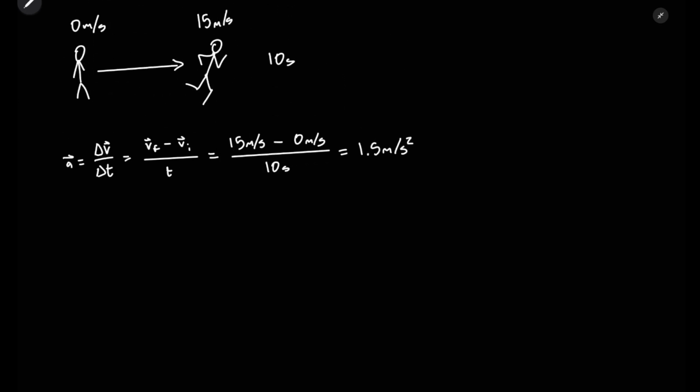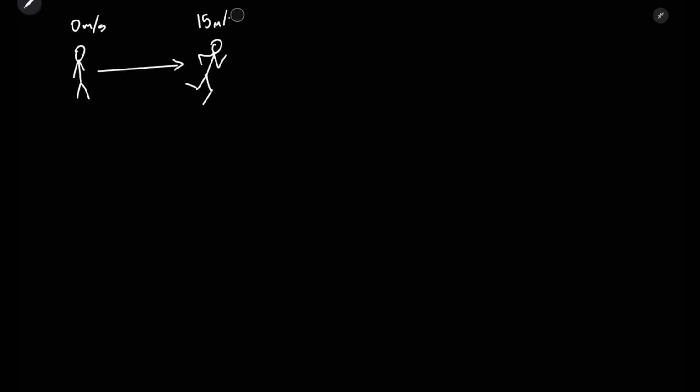Now, let's fully change this up. Let's say Guy was running, but he started getting tired, so he started running a bit slower. So at this point, Guy's back to walking.